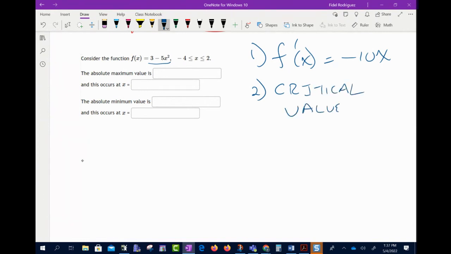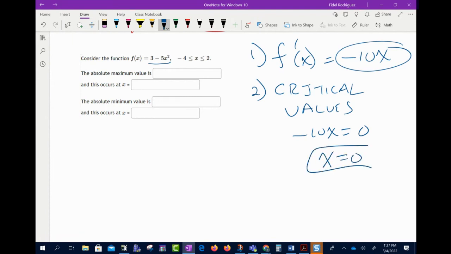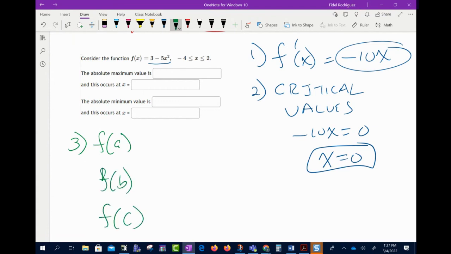Okay, what we're going to do now is we're going to find what we call the critical values or critical points, right? The way we do that, you guys, is we take the derivative, well, we set it equal to 0, okay? So when I set it equal to 0, everybody agree I come up with x equals 0? Okay, now that we've done that, step number 3, we're going to find the function evaluated at the endpoints, as well as the critical values that happen to fall within those endpoints.